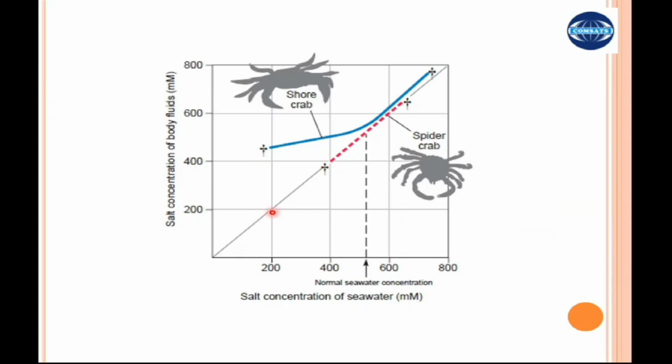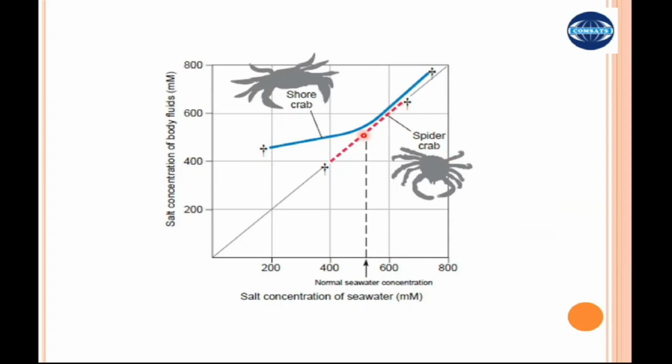Okay, if the external water has a concentration of 200 millimolar, the animal body will have 200 millimolar. If it is 400, the animal body will have 400. If it is 800, the animal body will have 800. Right, but this is an example of a spider crab.